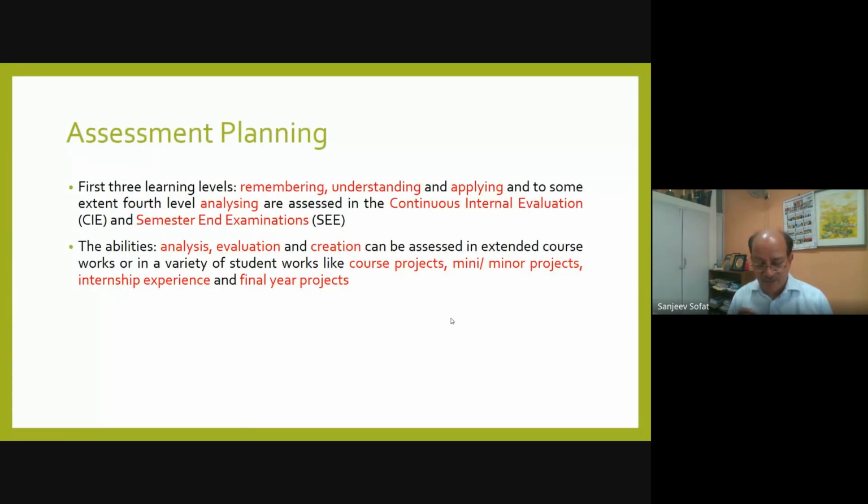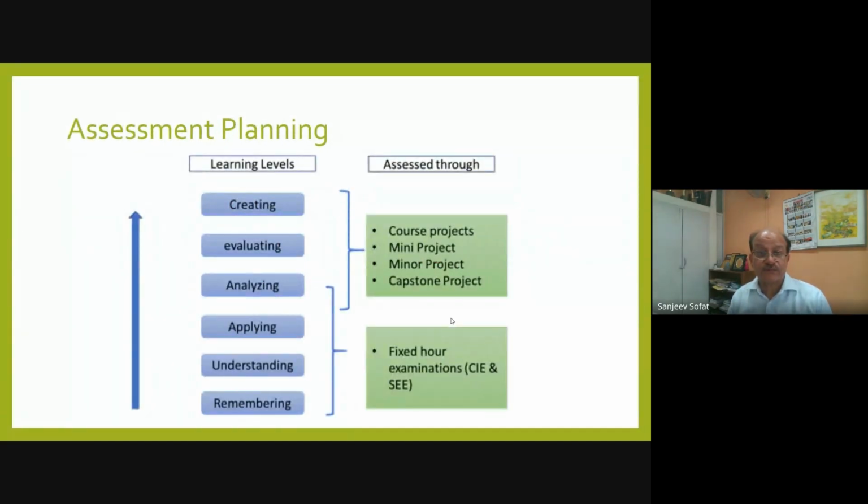This is an important thing: how exactly we plan the assessment for the students. This is the levels of learning.